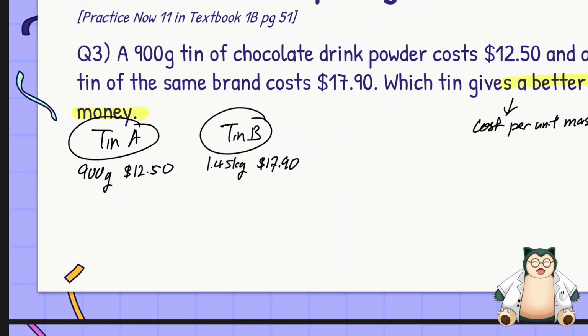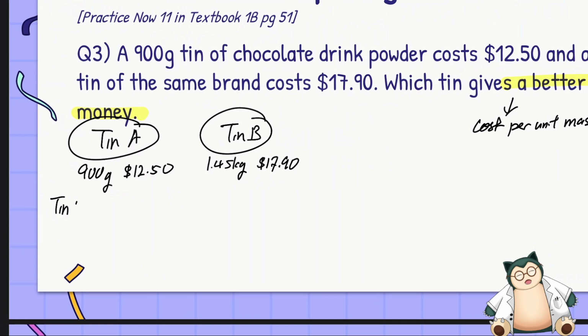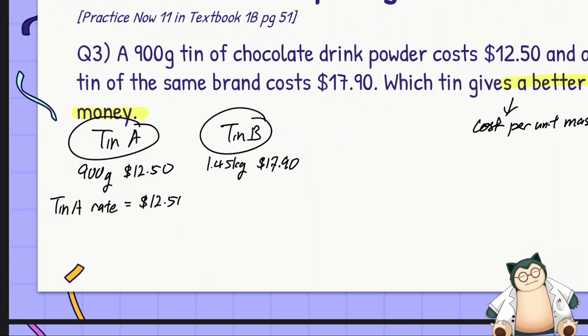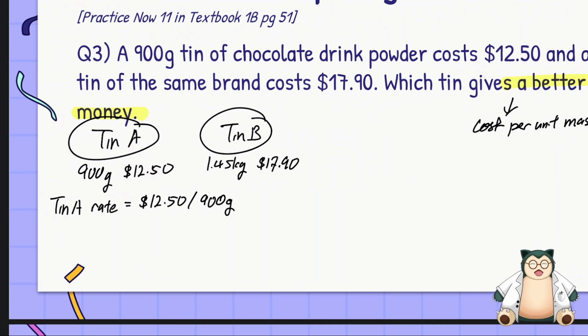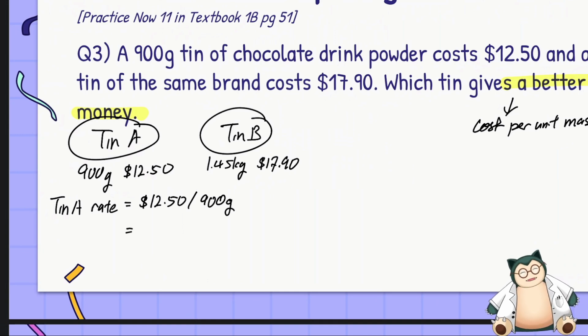Let's look at tin A first. Tin A's rate is $12.50 per 900 grams. Let's try to find the cost per 100 grams. For 100 grams, we take $12.50 and divide it by 9.